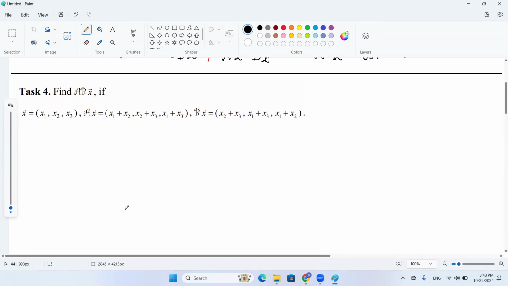So we can make a lot of mistakes if we do it. We can substitute x2 plus x3 as y1, this as y2, this as y3, and apply x, then expand, of course, but we can make a lot of mistakes. Maybe should we rewrite these operators?